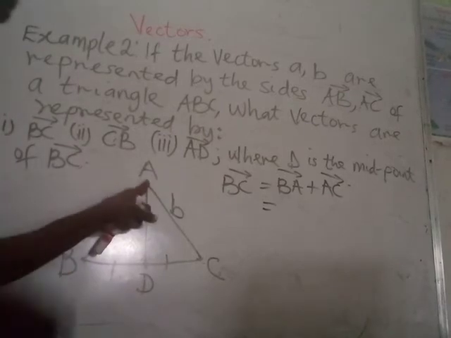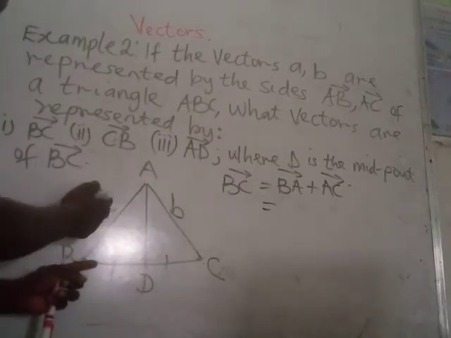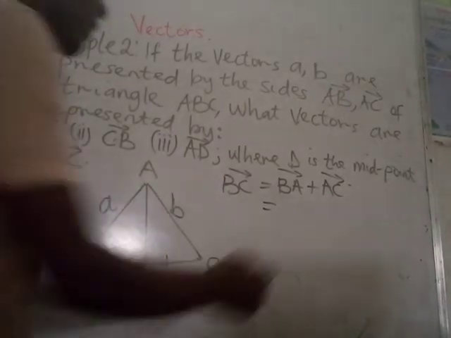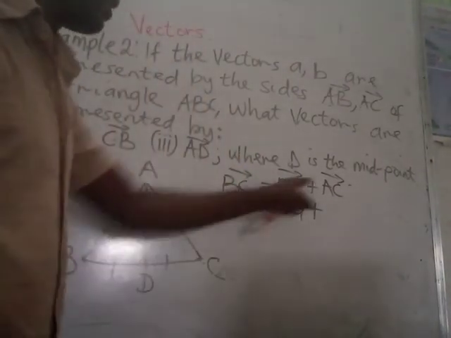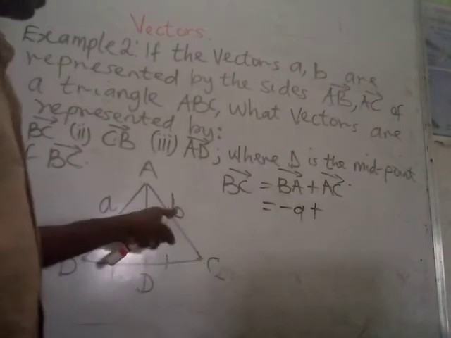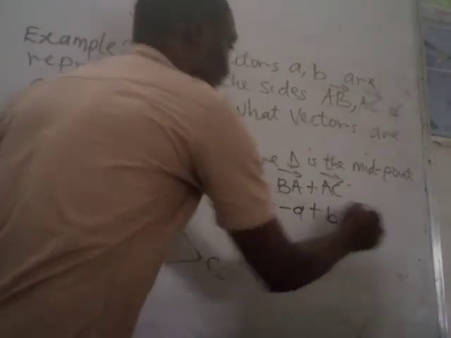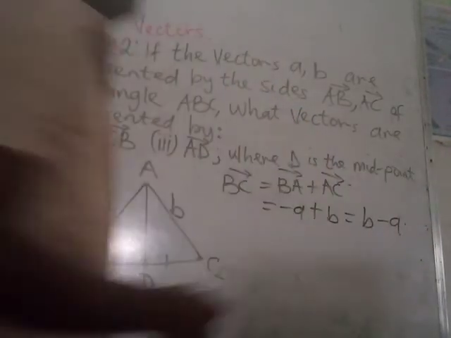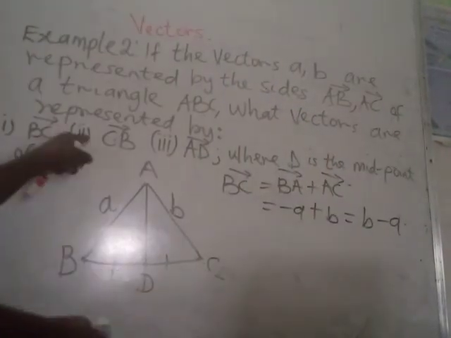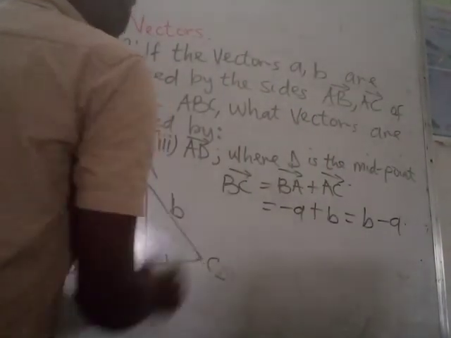So BA is going to be the negative vector of what? Vector a. So BA is minus a, plus AC is vector b. So we can say that BC is equal to b minus a. So that answers 1.